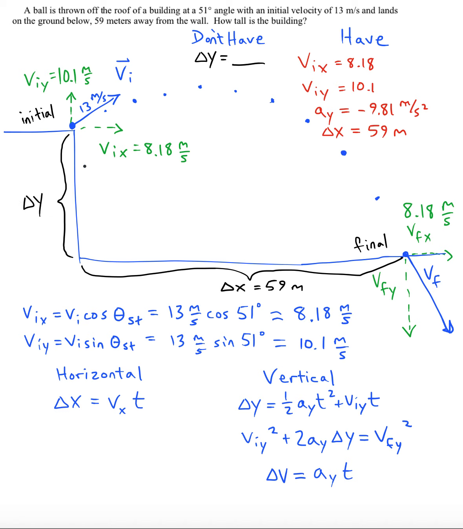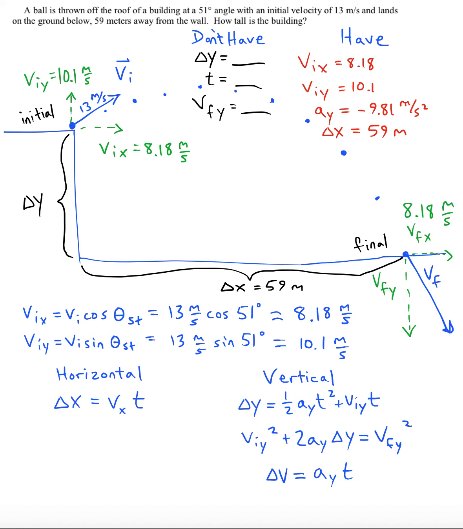That would be delta y. We don't have the time of flight. We don't have the final velocity in the vertical dimension. That would be this here. Not sure how long that is. So there we go, 3 unknowns.